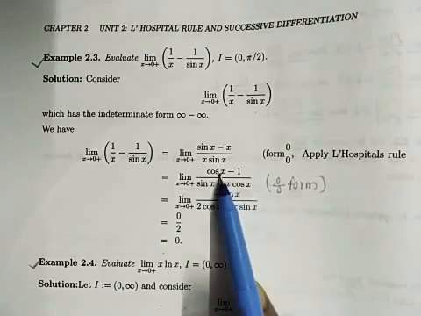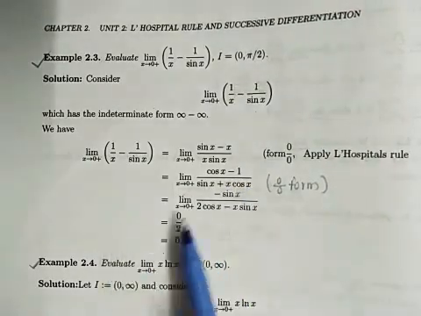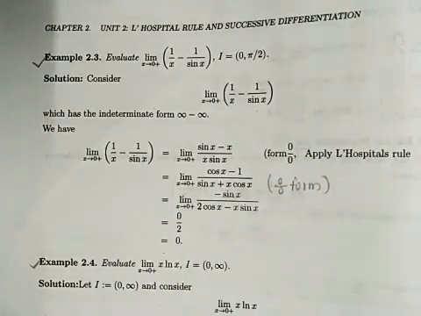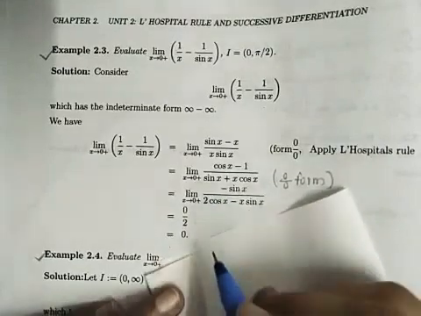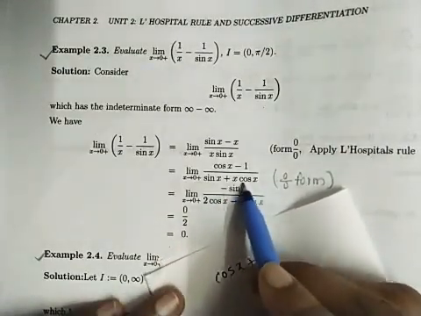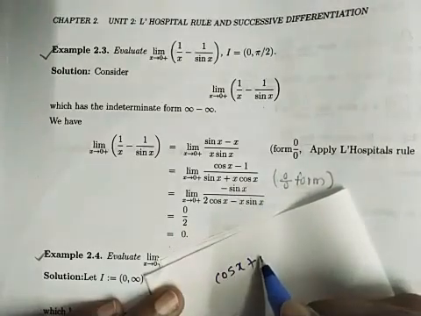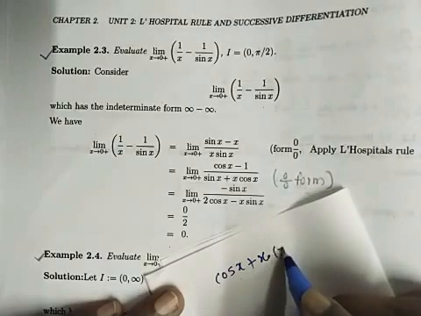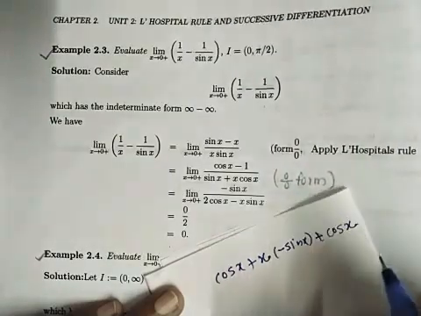So again take the derivative: derivative of cos x minus 1 is minus sin x, derivative of 1 is 0, upon the derivative of sin x plus x cos x. What is the derivative of sin x? It is cos x, plus the derivative of x cos x, using the u into v rule: x as it is, derivative of cos x is minus sin x, plus cos x as it is, derivative of x is 1.